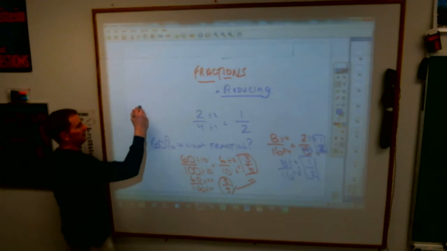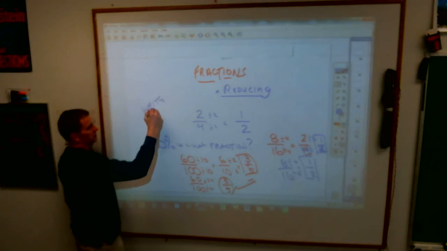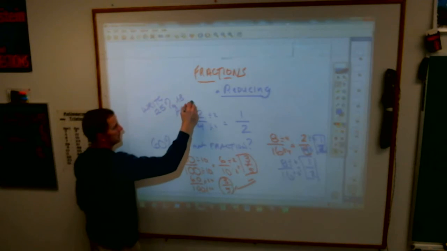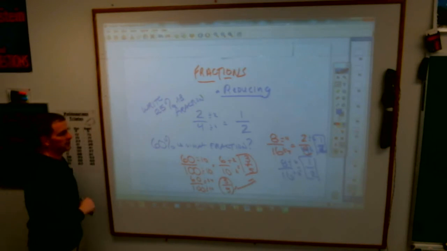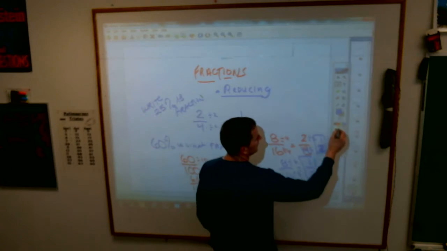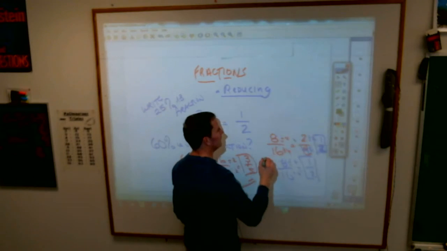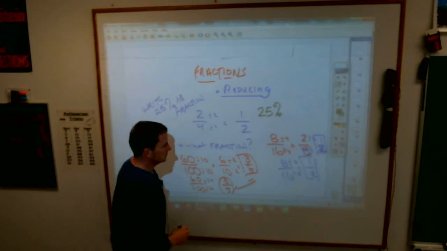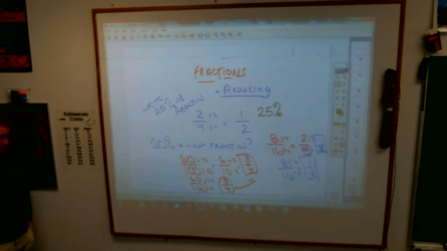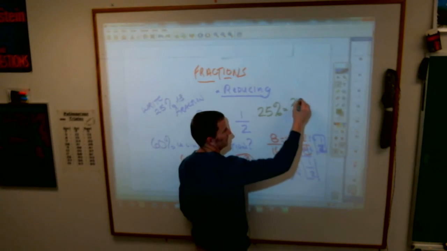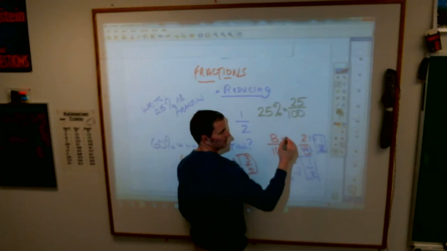How about this one? Write 25% as a fraction. What is 25% as a fraction? Riley? 1/4. Why? Because 25% is 25 out of 100.